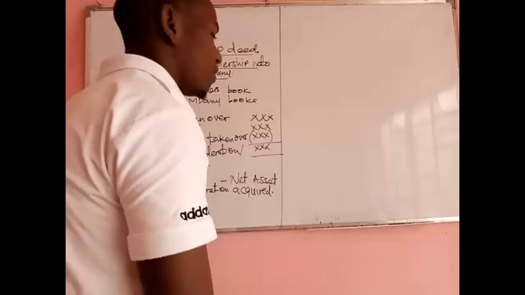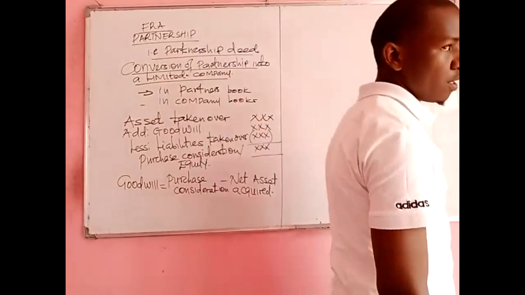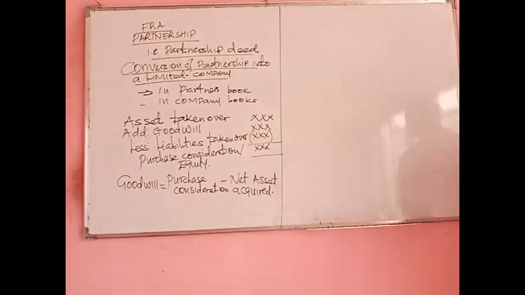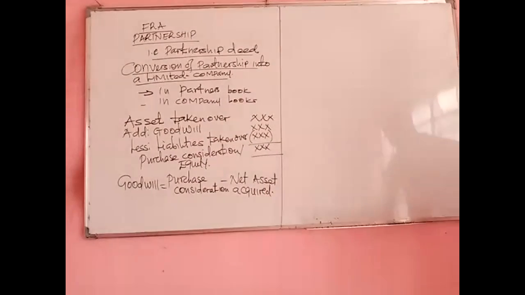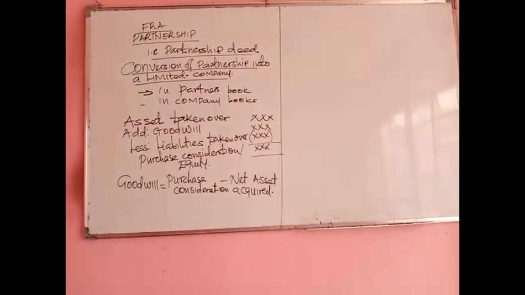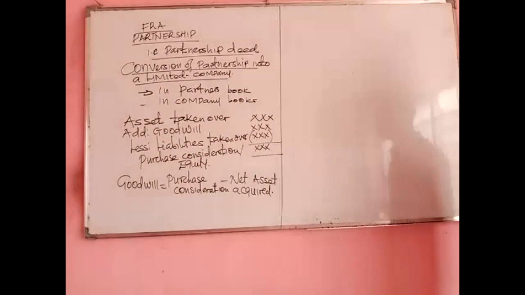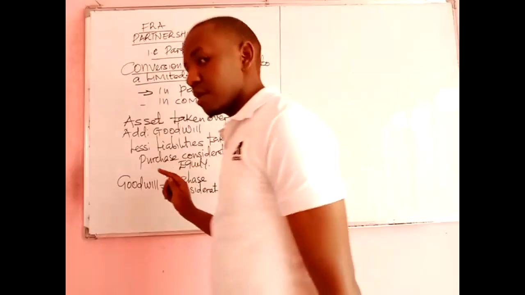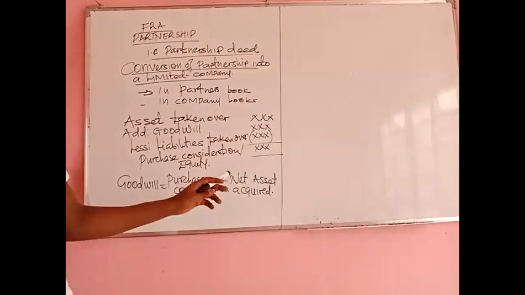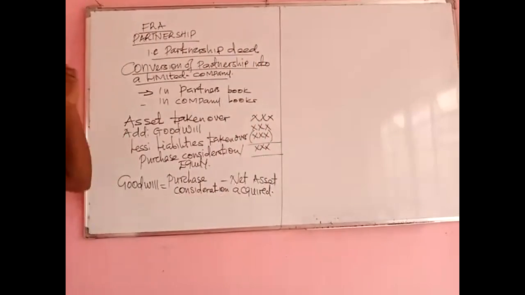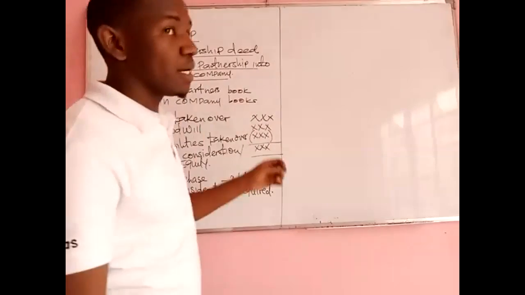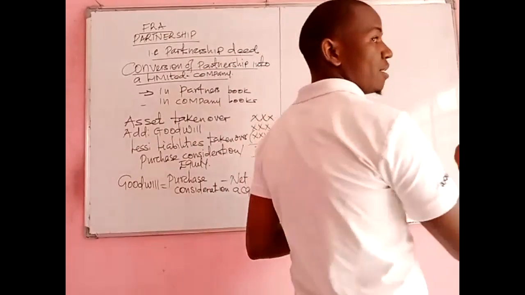That is how, in this case, you get the goodwill. Now, how do you get the net assets? We know it's total assets, you minus what? Current liabilities. That is how you get the net assets. Total assets minus the current liabilities.